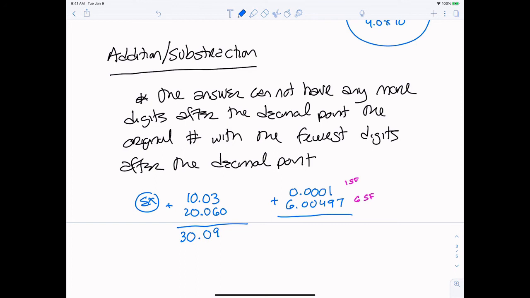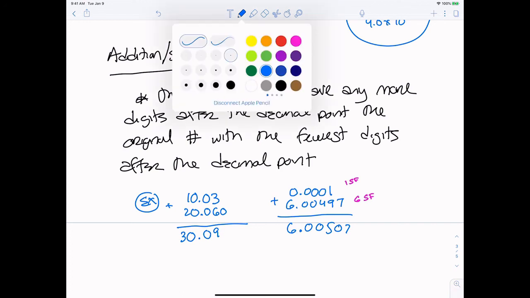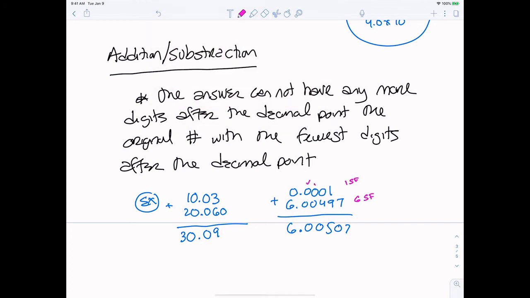So when I add these, let's see if I can do addition here while you're all watching. Is that right? Looks right. I have 1, 2, 3, 4 after the decimal point. 1, 2, 3, 4, 5 after the decimal point, so I only want 4. 1, 2, 3, 4.